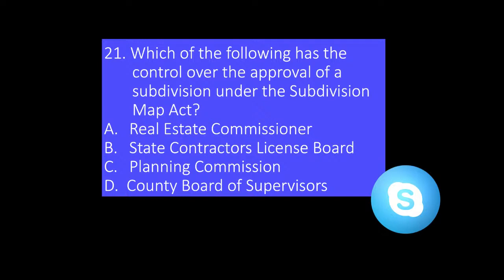If the area is unincorporated, you apply to the county. If you apply to the city, you apply to the planning department and the planning commission. The planning commission will give you a thumbs up or thumbs down on your subdivision. All right, let's move on to the next question.